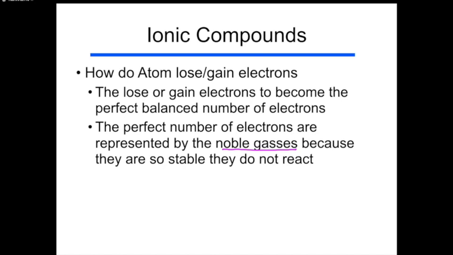The reason is they are perfectly balanced. And when atoms react to become ions, they react in such a way that they want to become the perfect distribution, meaning one of the numbers of electrons that are represented by one of the noble gases.